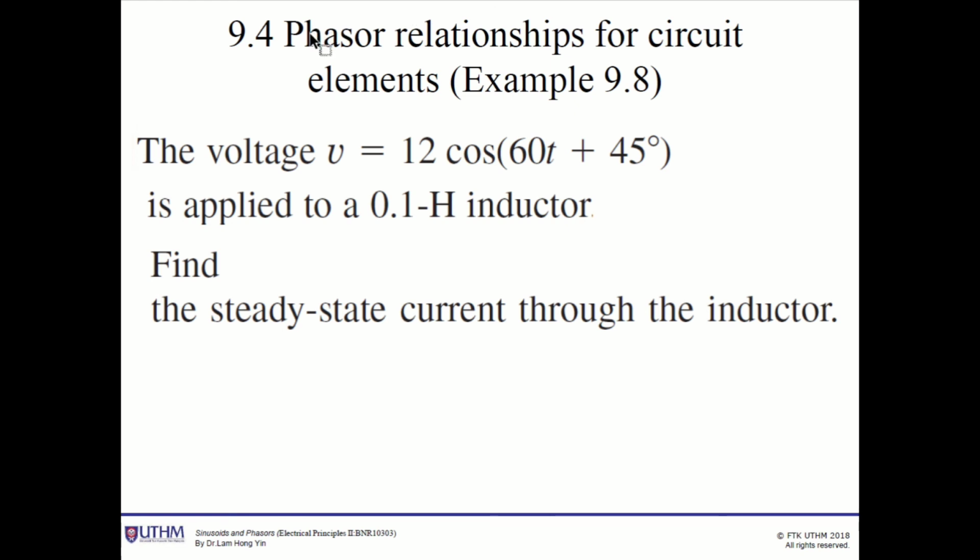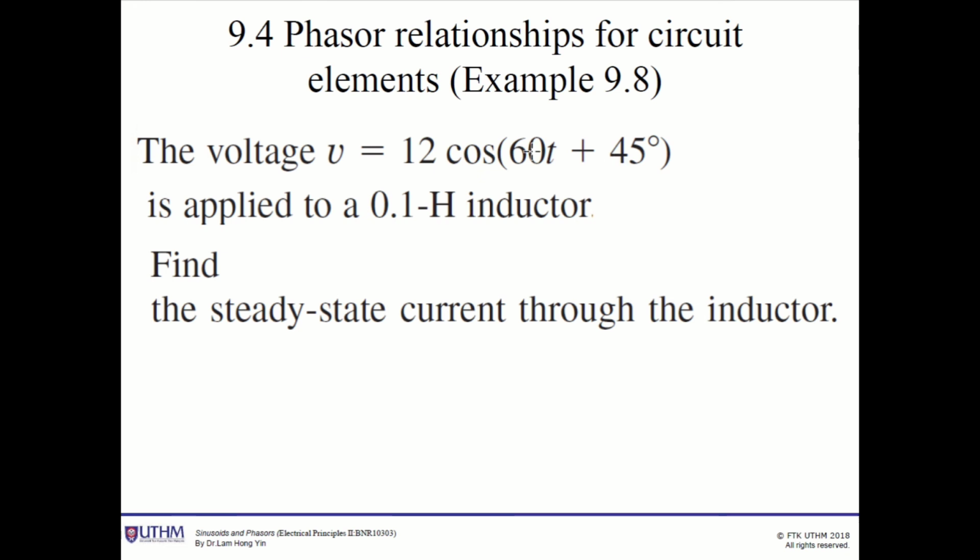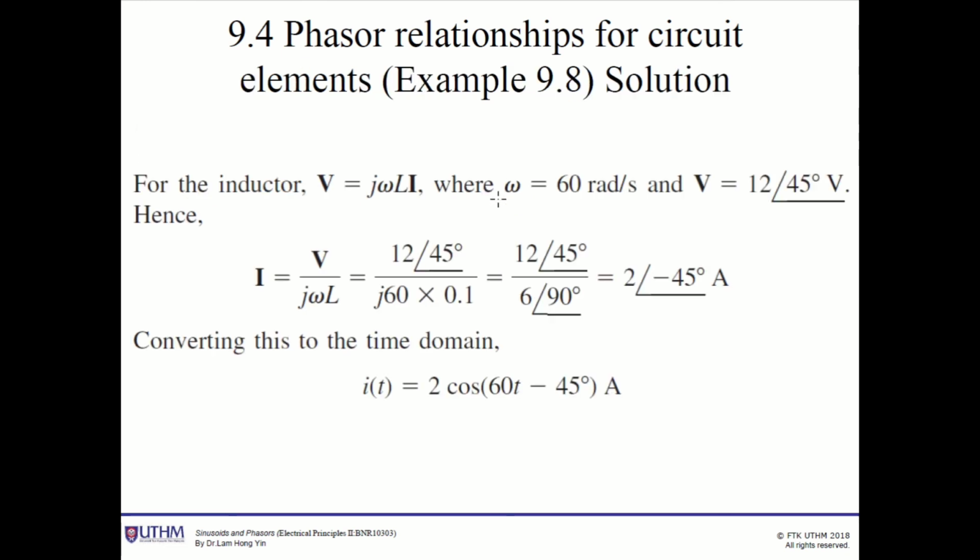Let's look into an example. For this example, voltage v is equal to 12 cos(60t + 45 degrees), and it is applied to a 0.1 Henry inductor. The question asks to find the steady state current through the inductor. Based on the equations that we have discussed before, the first thing that you need to do is to change this time domain representation to the phasor domain representation.